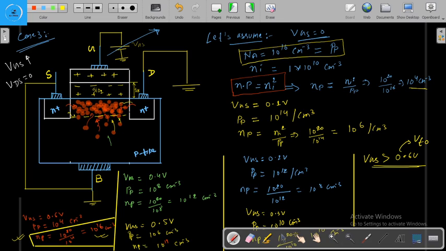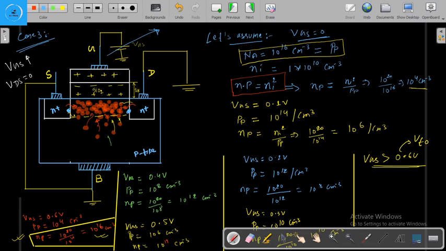And once we provide the potential difference between the source and the drain, when we keep the drain at the positive potential and the source at the negative potential, electrons will feel the electric field effect and will start moving in the opposite direction of the electric field.